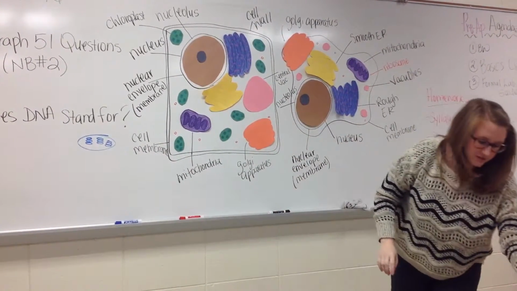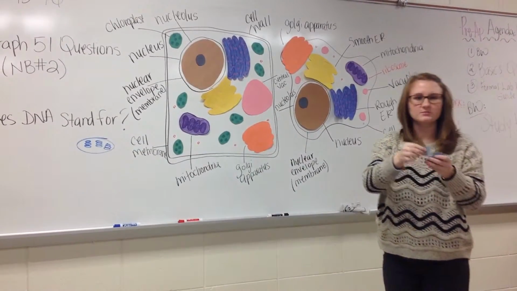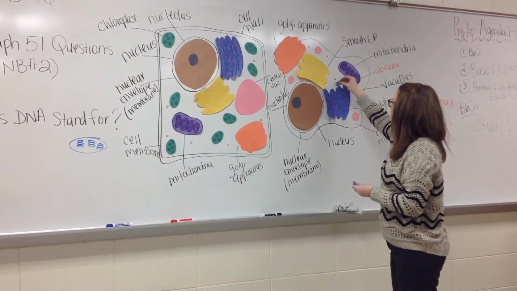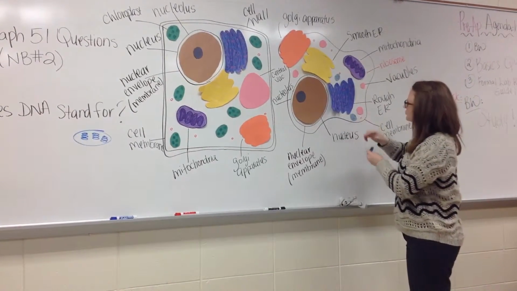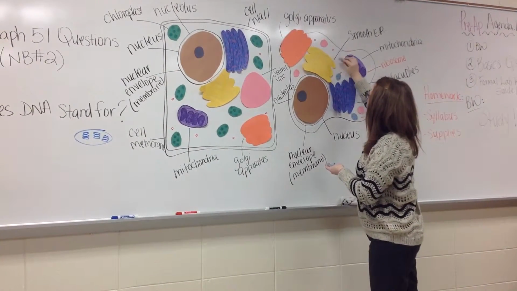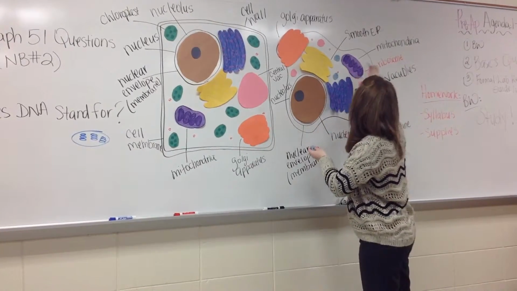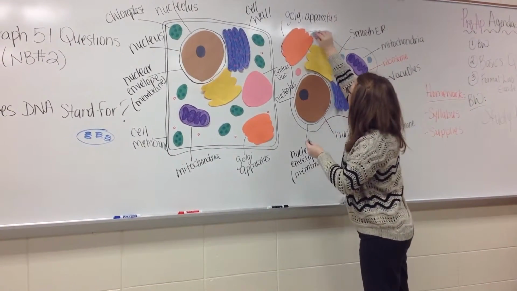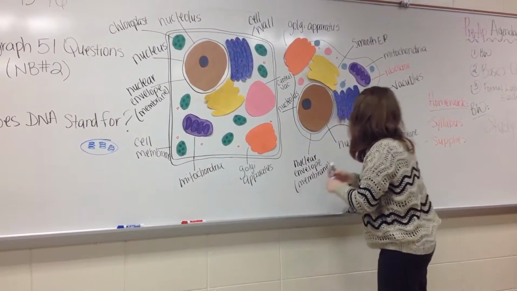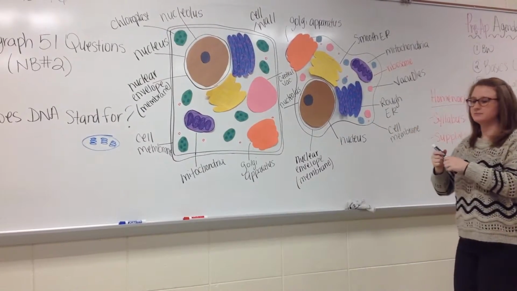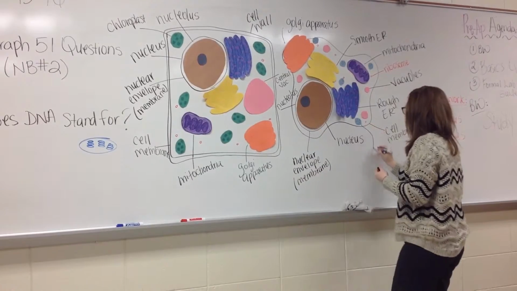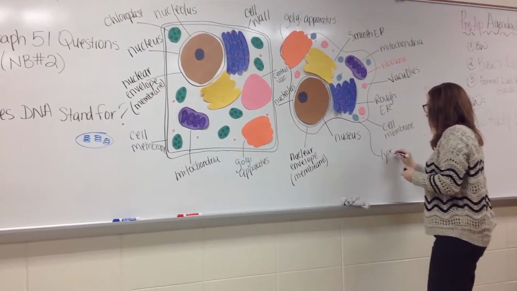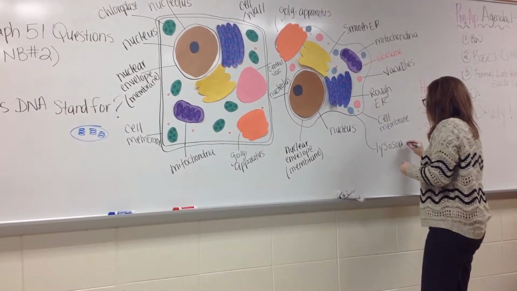Alright, on the animal cell, draw you some small little circles, smaller than your vacuoles. Little bitty small circles. Just put a couple of them here and there. And then draw you some little dots in them. These are called lysosomes.